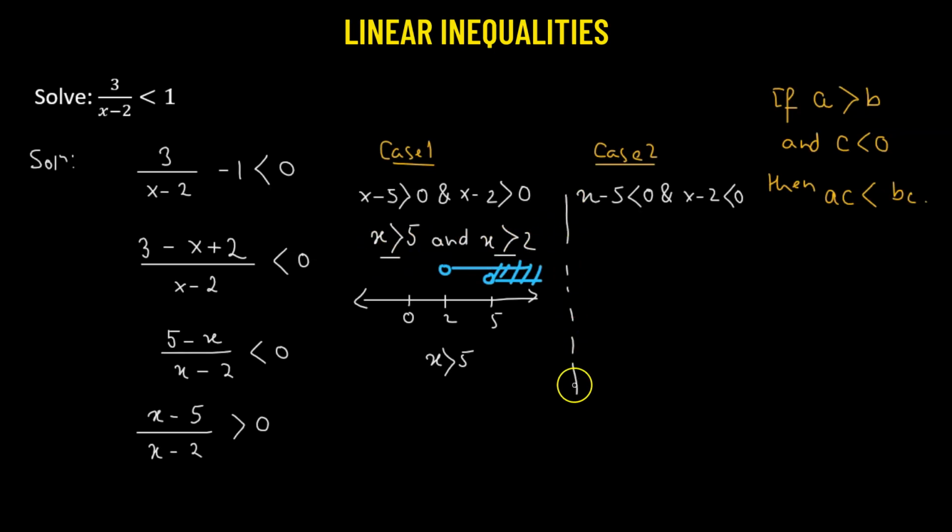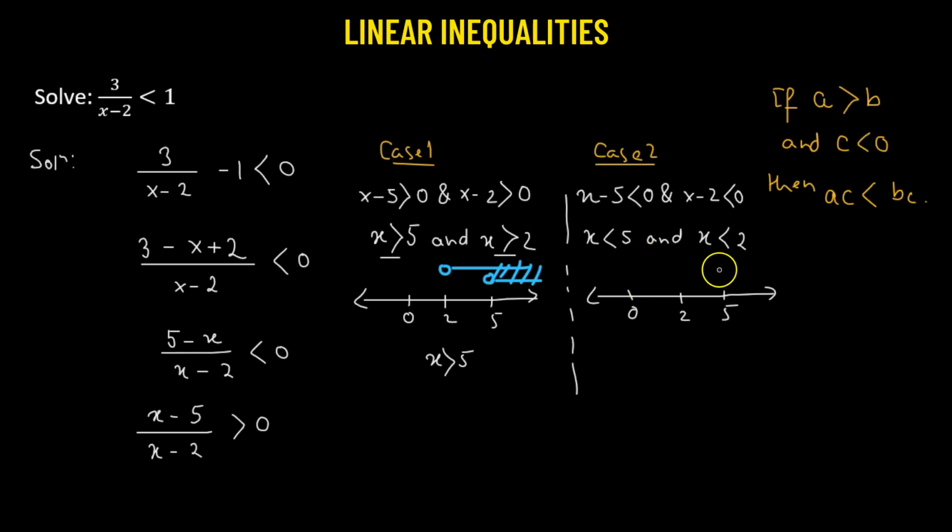Now we will come to the second case. Here we have x minus 5 less than 0, meaning x is less than 5, and x minus 2 less than 0, meaning x is less than 2. So let's consider the number line. So we have 0, 2 and 5. We'll consider all the values of x less than 5.